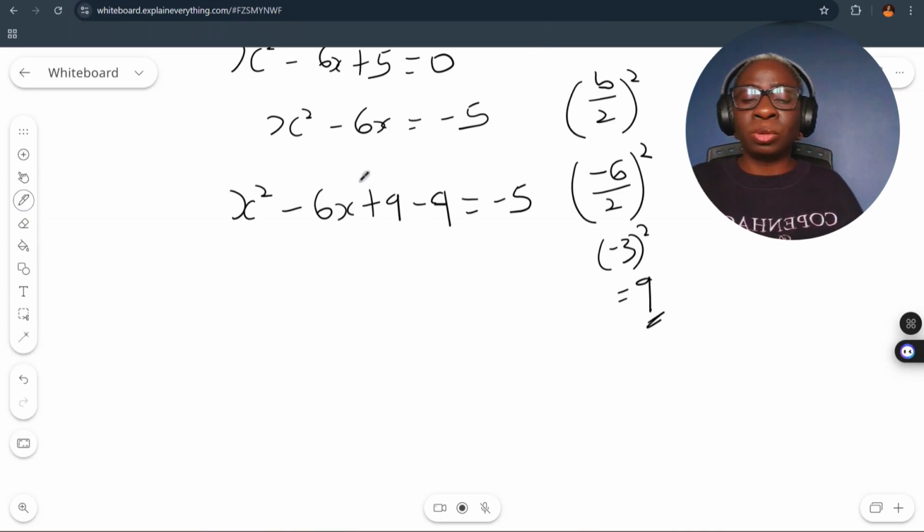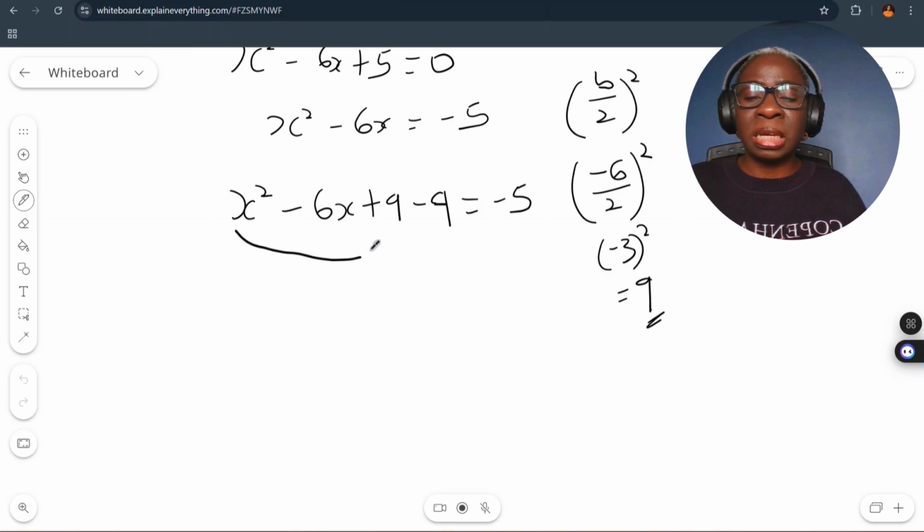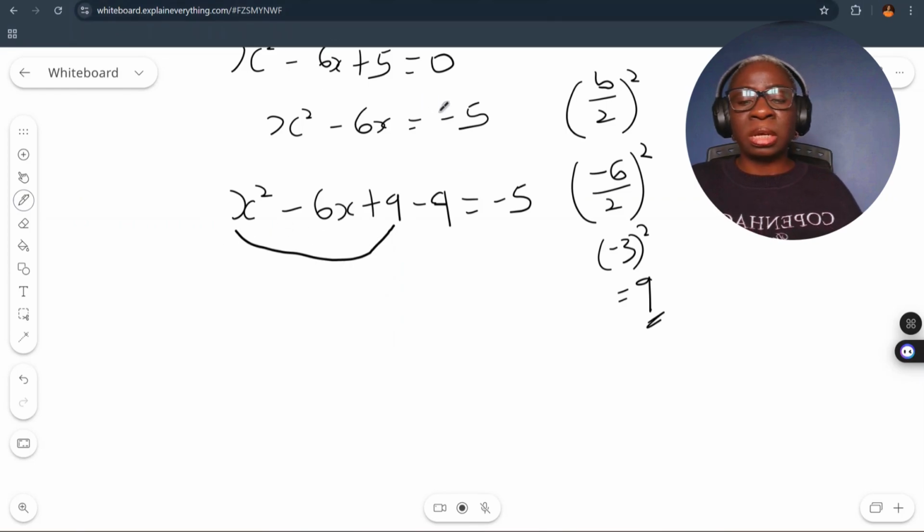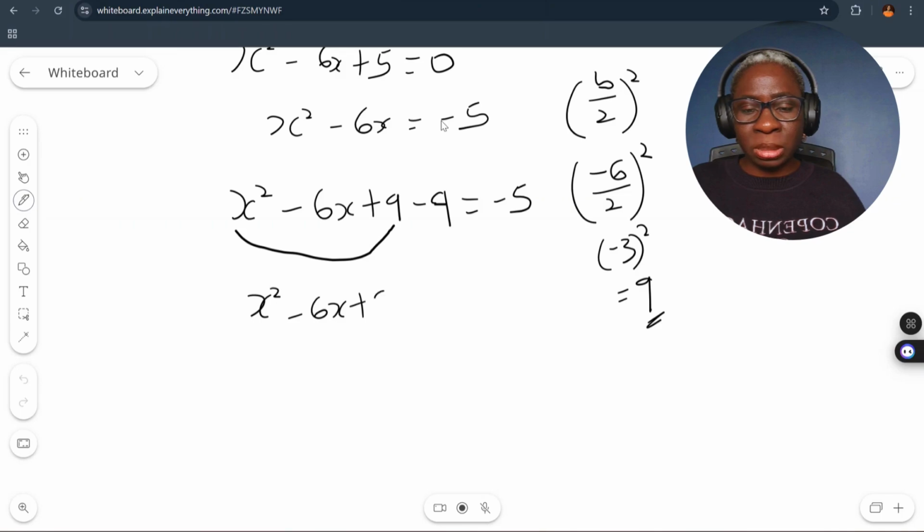So the next thing is to take these three terms together and take the -9 to the other side, so that we have x squared minus 6x plus 9 equals -5 plus 9.